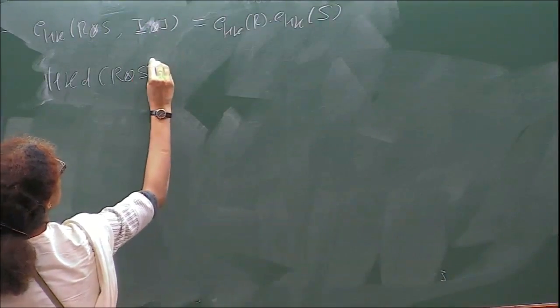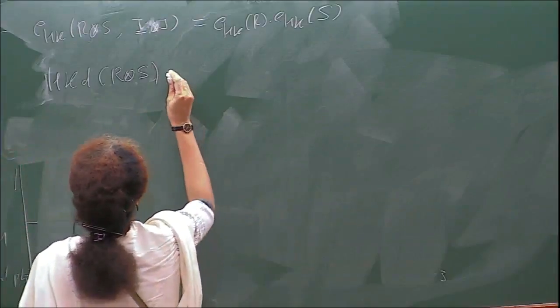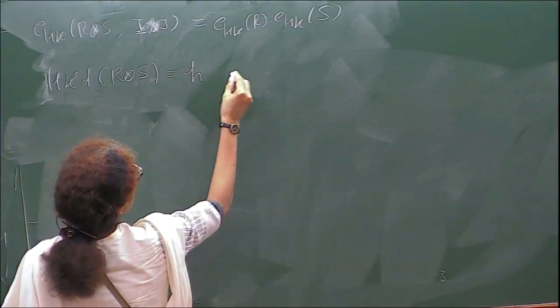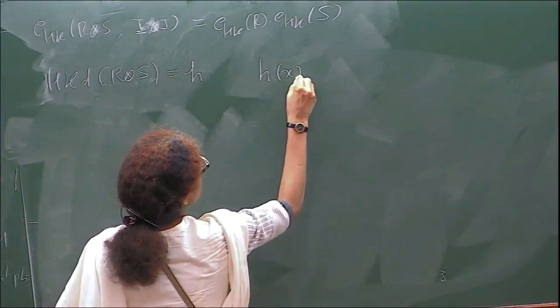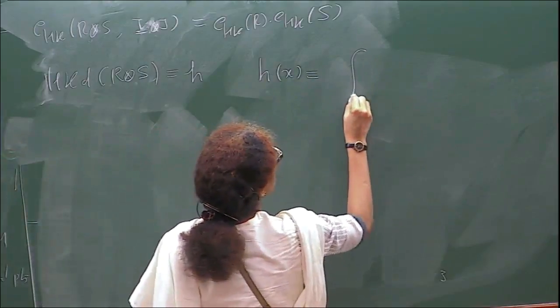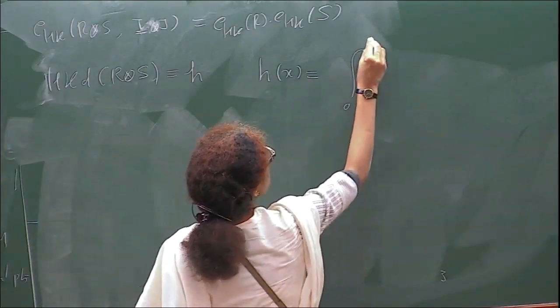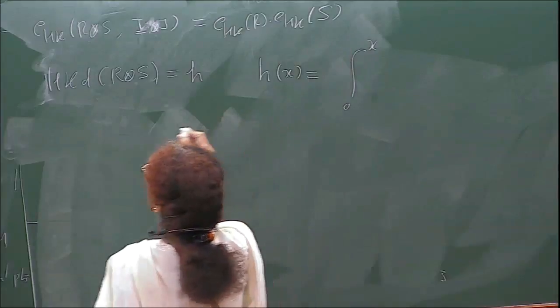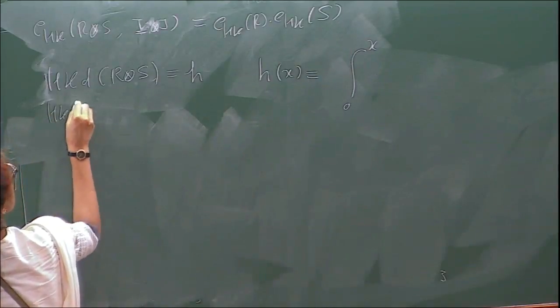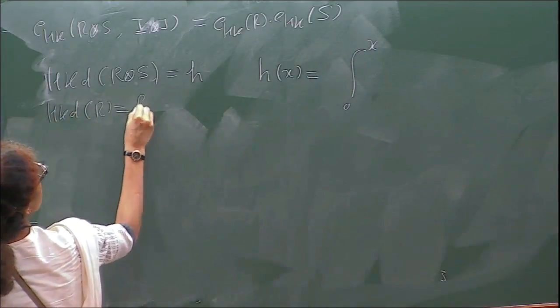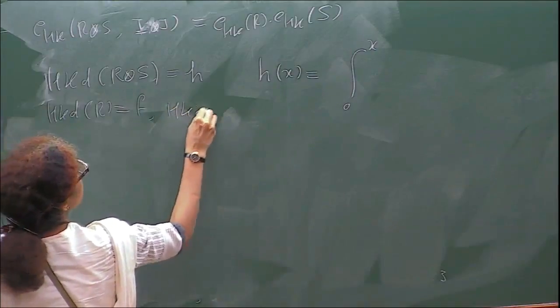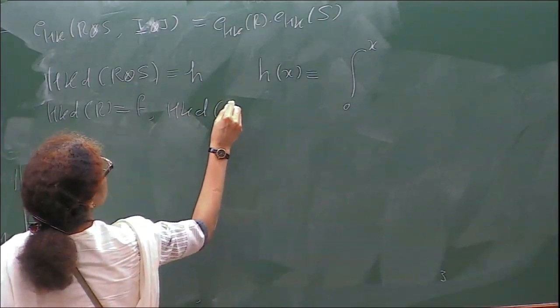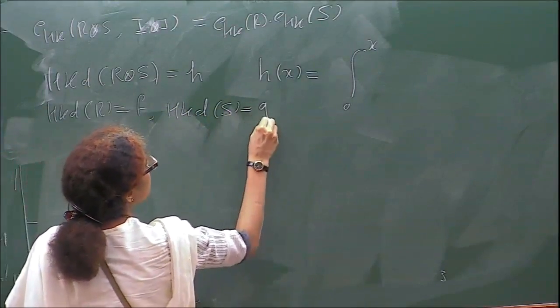Let's assume it's the maximal ideal. Suppose I call it H, so H of x is the integral from 0 to x. Suppose the HK density function of R is f dx and the HK density function of S is g dx.